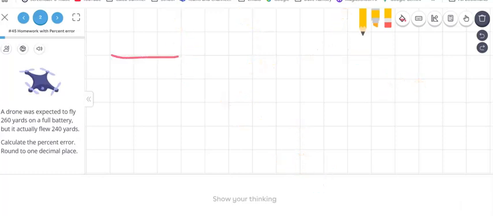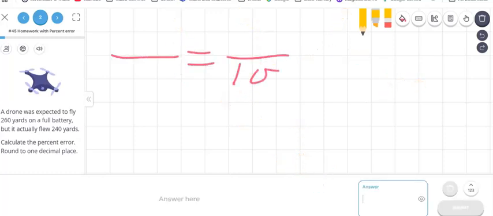Alright, line equals line 100. The drone was expected to fly 260 on a full battery, but it actually flew 240. So we're going to go 260 minus 240, which is 20.